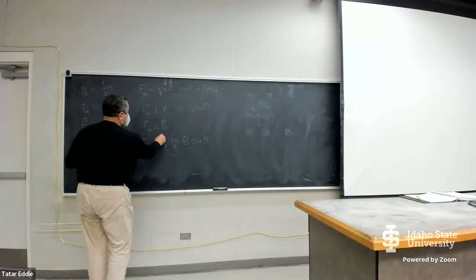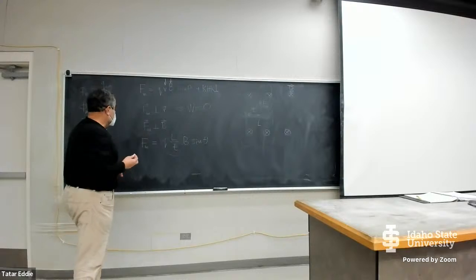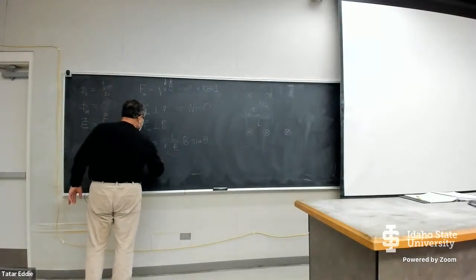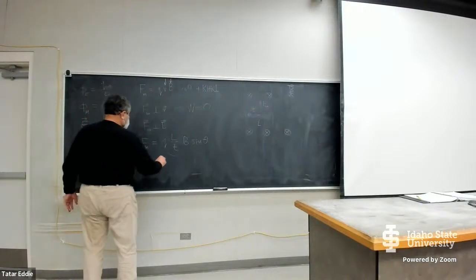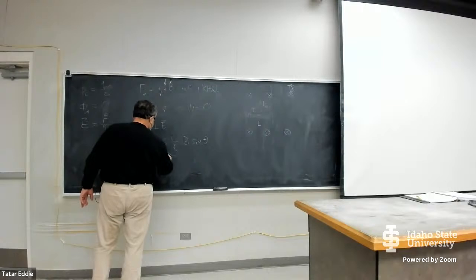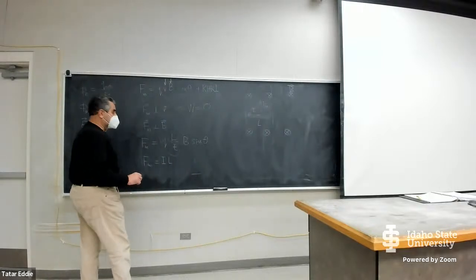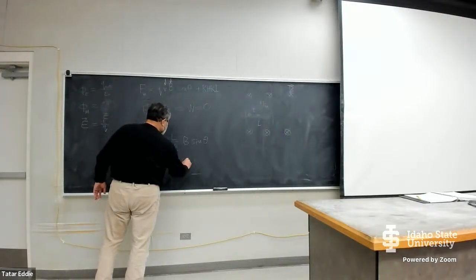So this expression in the oval is exactly the current. And as a result, the magnetic force acting on your piece of wire with length L is equal to the current times the length of the straight piece of wire in the magnetic field times the magnetic field times the sine of the angle.